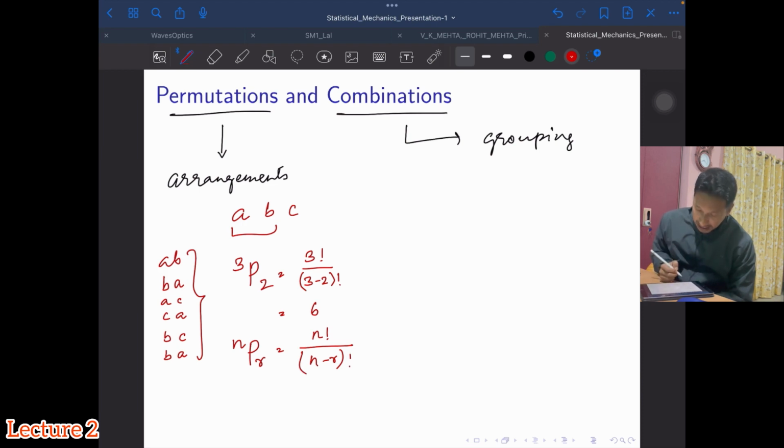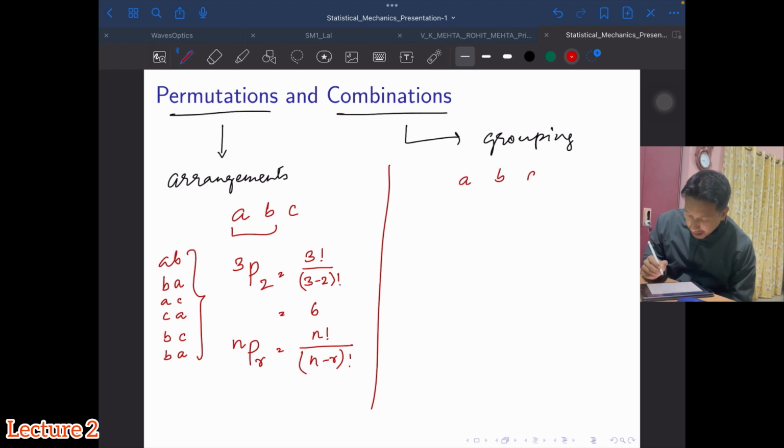In the combination case, again let's say I have A, B, C, 3 distinguishable objects, and again I take 2 at a time. Here I am doing grouping. I am not concerned about how the objects are arranged within the group. So AB and BA are in the same group; BA is not giving any extra meaning.